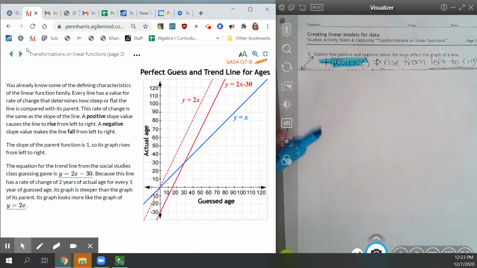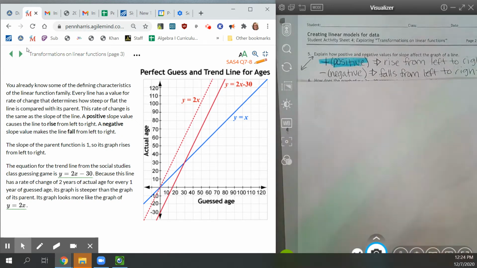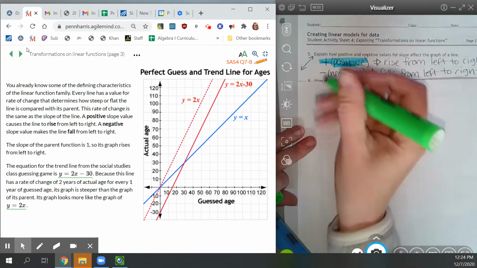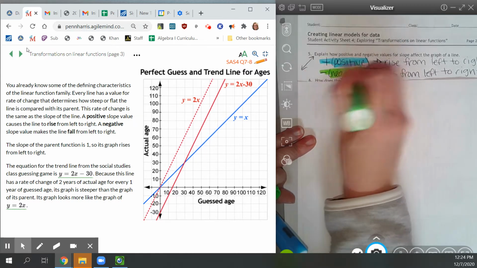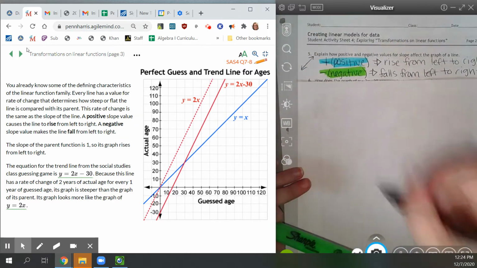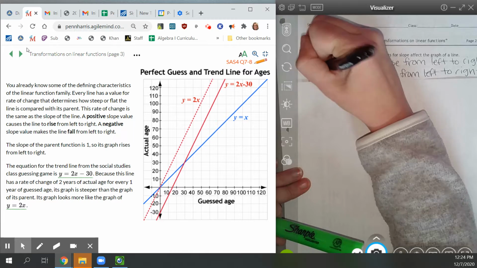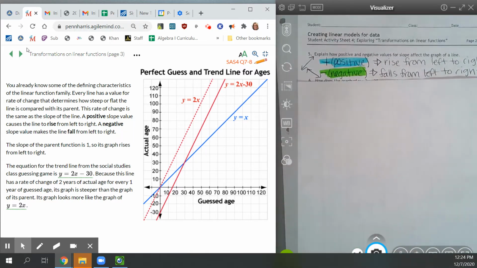And then our negative slopes go the other way. They kind of look downhill. They fall from left to right. Okay, it goes downhill. And this should all be review here.